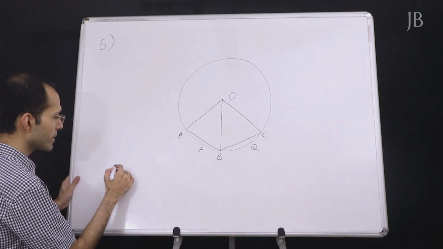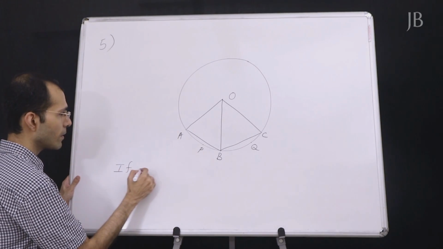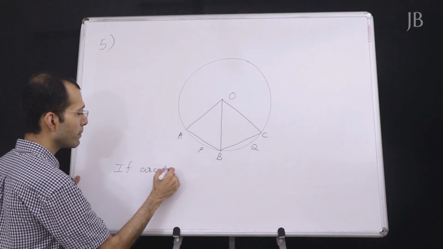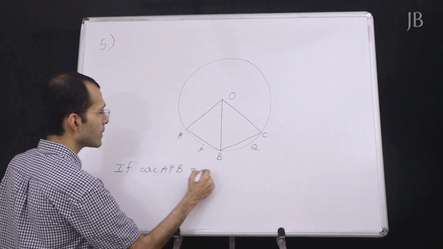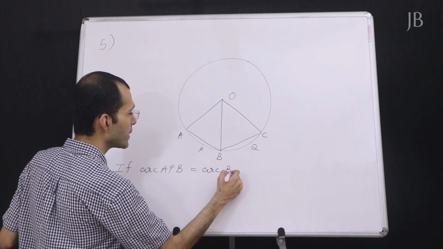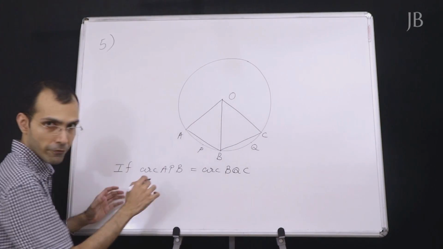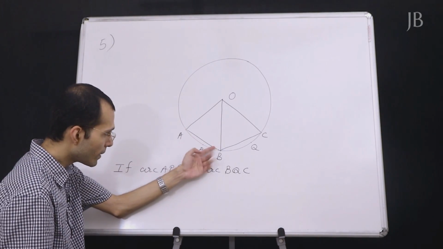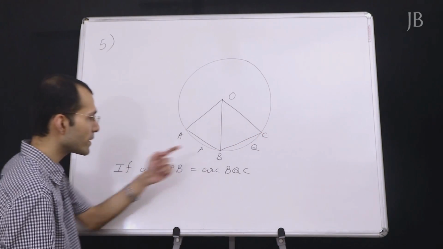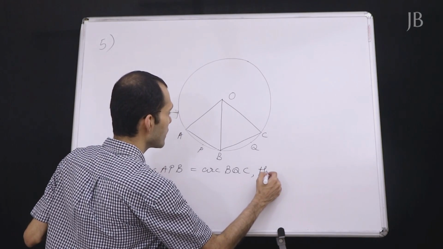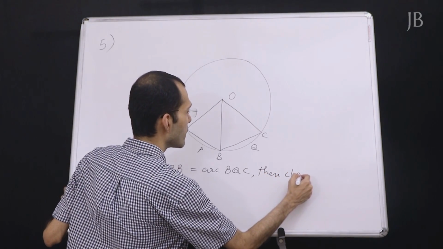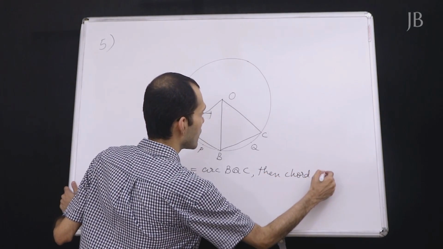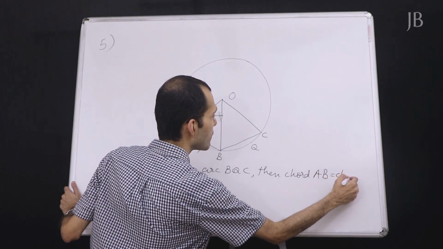The concept says if arc APB is equaling arc BQC, then chord AB will equal chord BC.